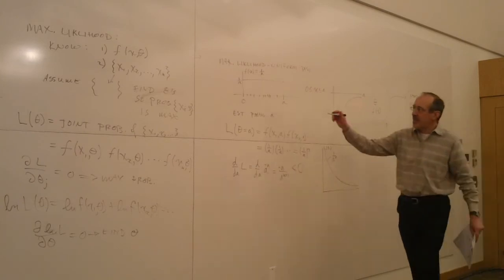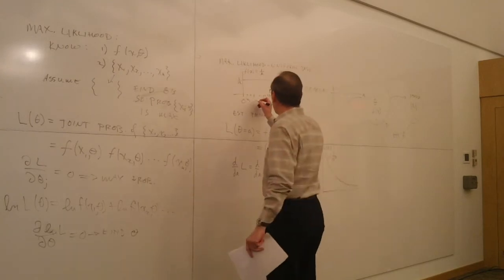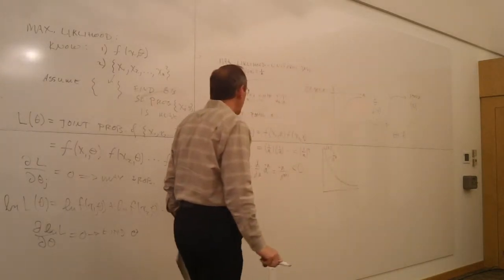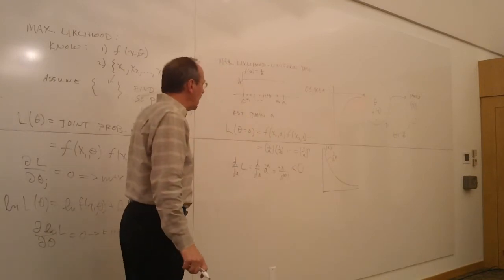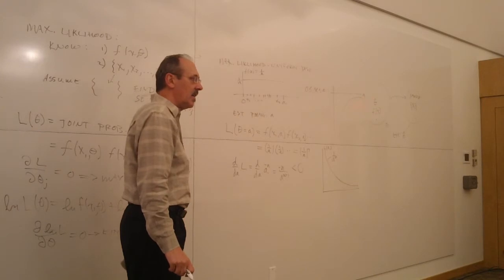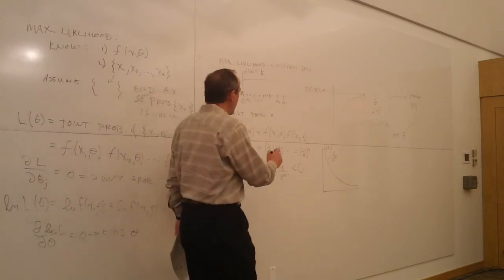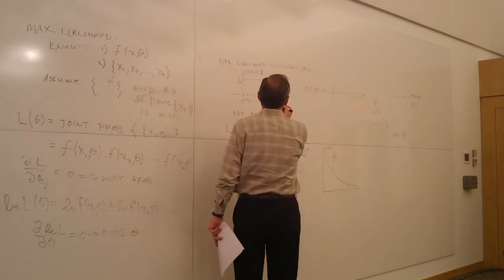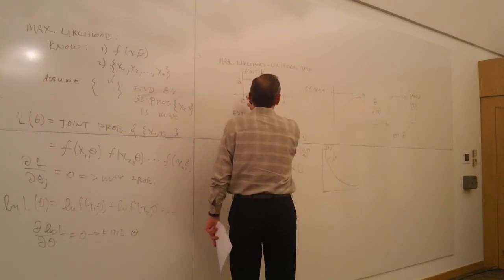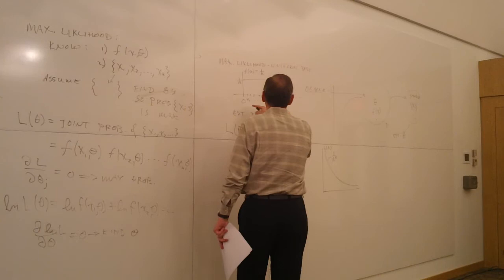Now I've got all my samples here. I've got x1, up to xn, supposing they're ordered here. From those, what can I say about a? Well, one thing is clear. I can't have a value for a that is less than any one of these samples, because they came from that interval, 0 to a.